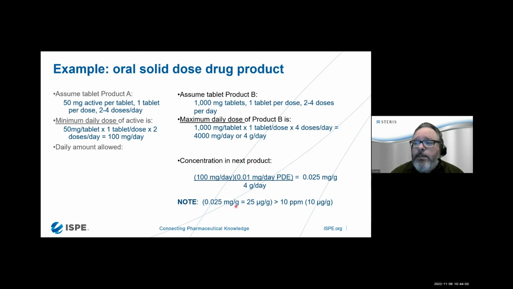Now, at this point, you understand what that value is, and you can then default to a value. In this case, they're looking to default to 10 ppm, which is based on the previous traditional method.